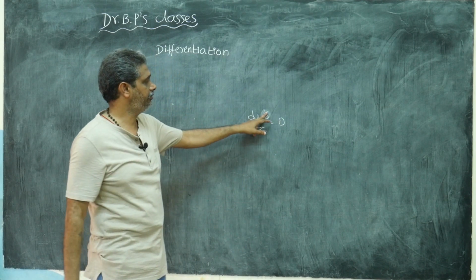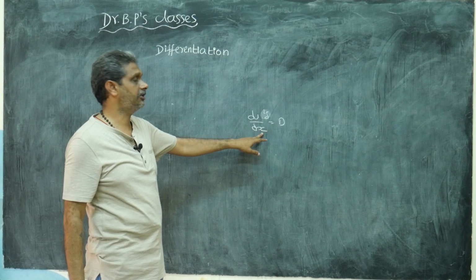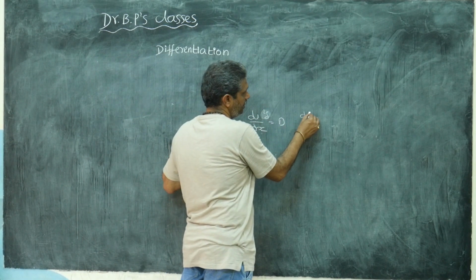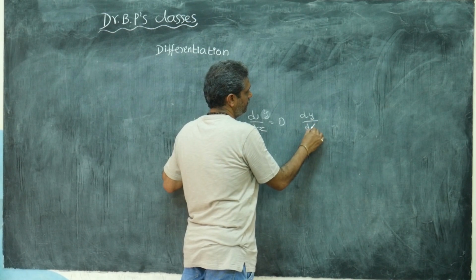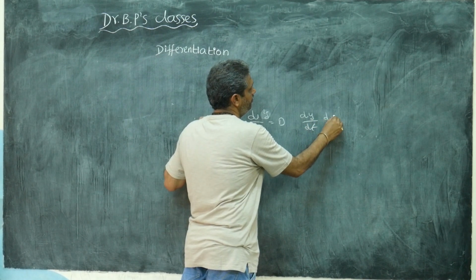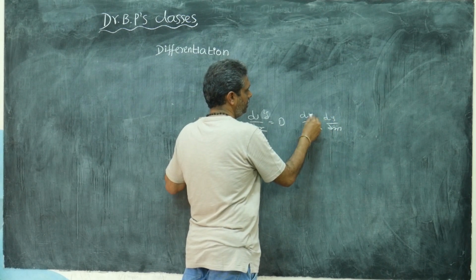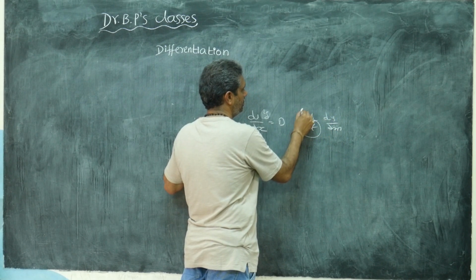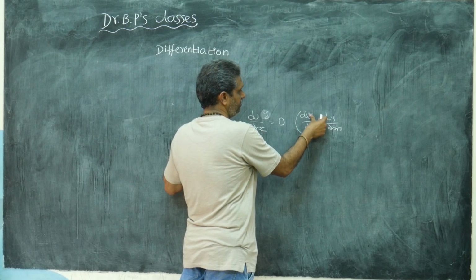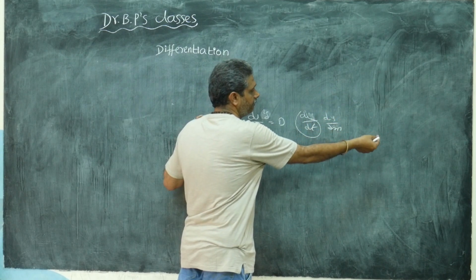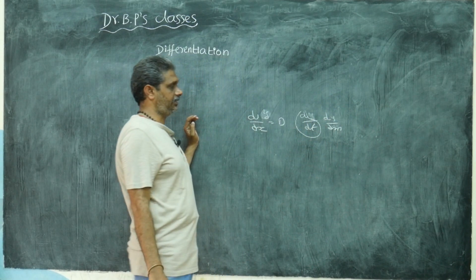So dy by dx. Sometimes they may ask dy by dt, where t is the variable, or dy by dm, where m is the variable. Like so, whichever is the variable. This d by dx is just an operator, with nothing there it is meaningless. With this operator we can operate on some function, and then I can get some results.